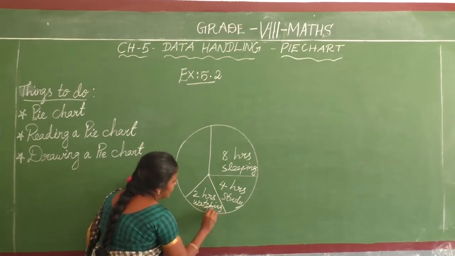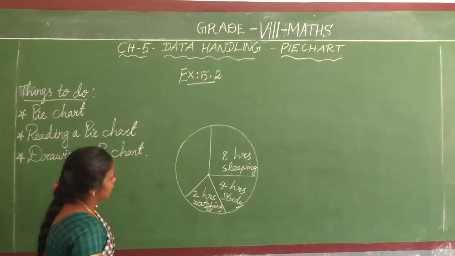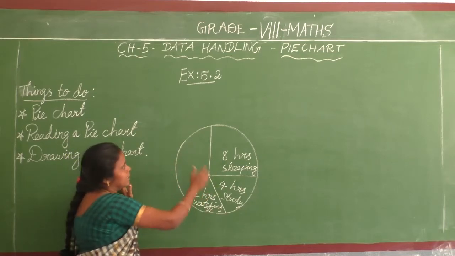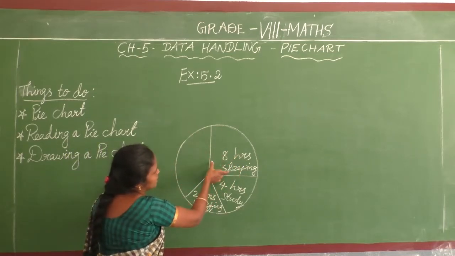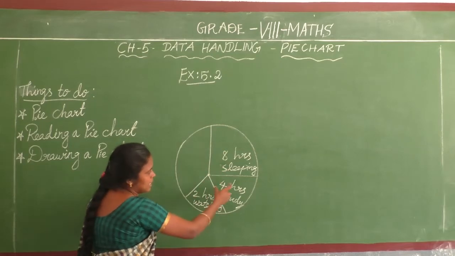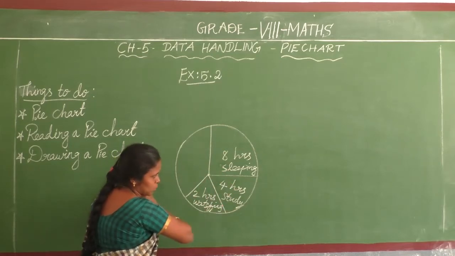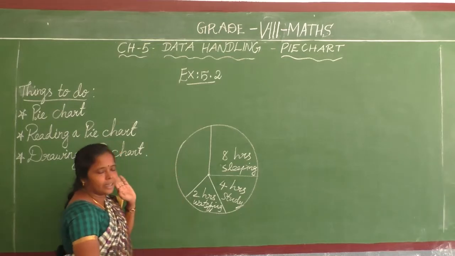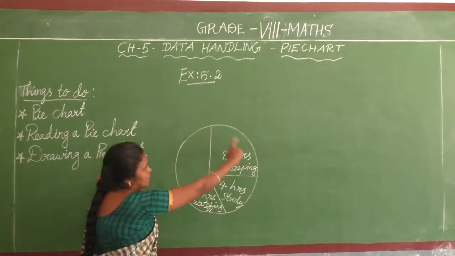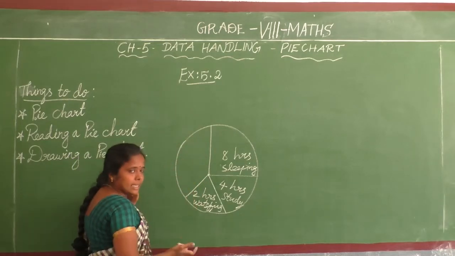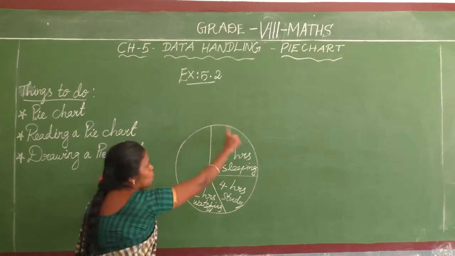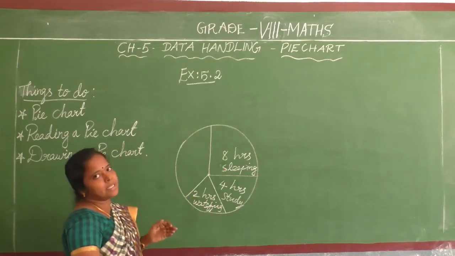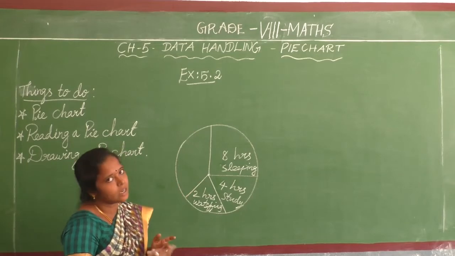Each of these, 8 hours sleeping, 4 hours study, 2 hours watching, is one sector, and this is other entertainment. Each part is represented as a component or sector.